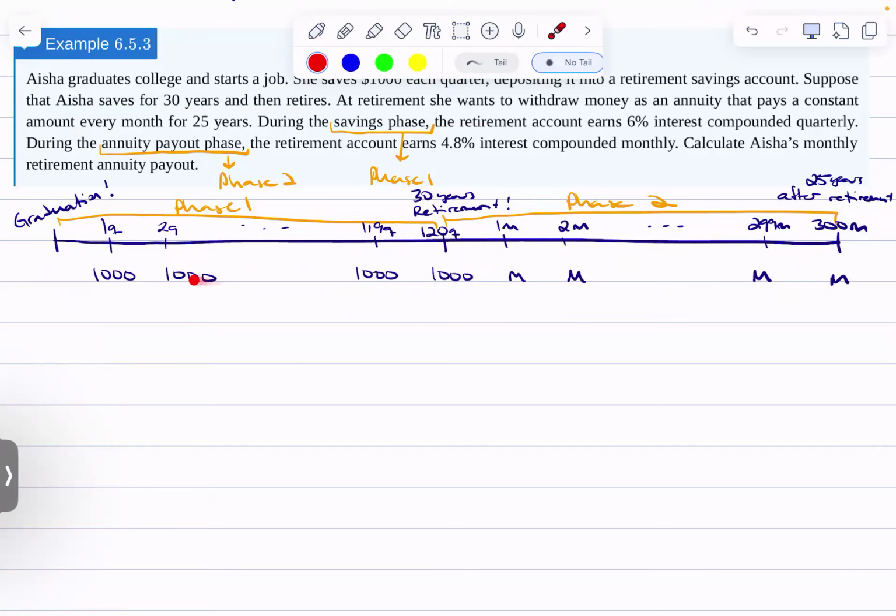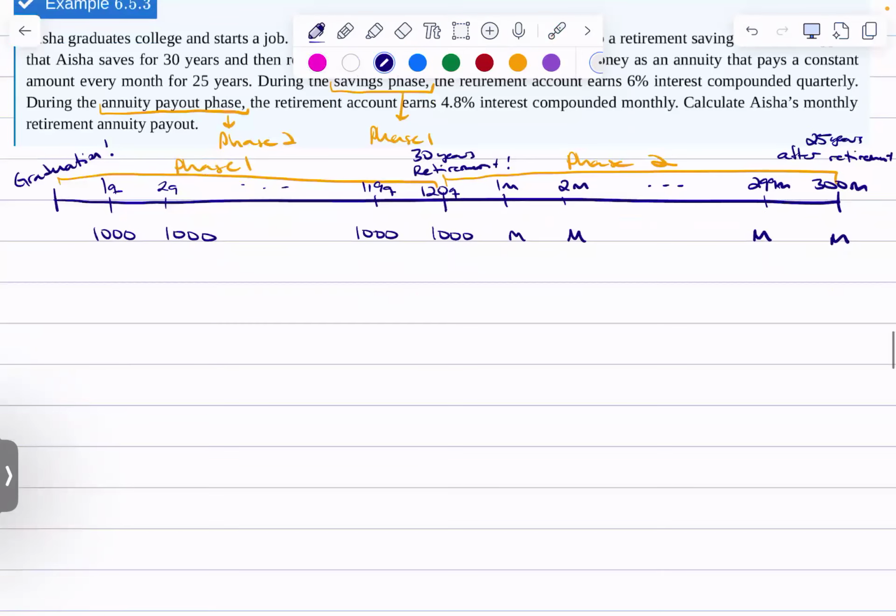The direction of the money, or how the money is leaving her and coming back, does make some difference. Because here she's saving these $1,000 payments, and so she starts with nothing. The present value, when she graduates, is 0, and so we kind of ignore that.